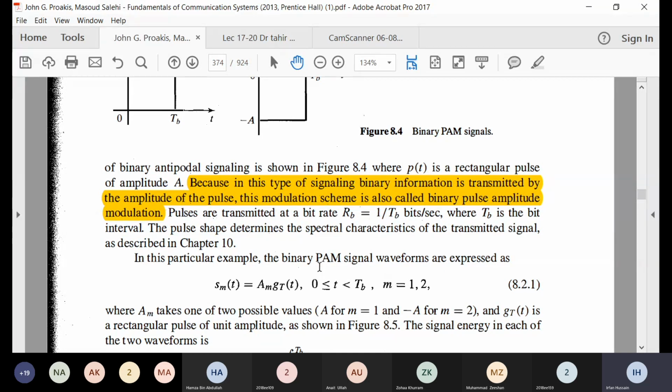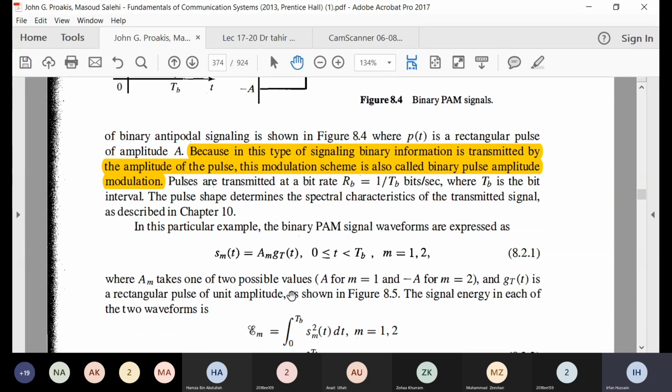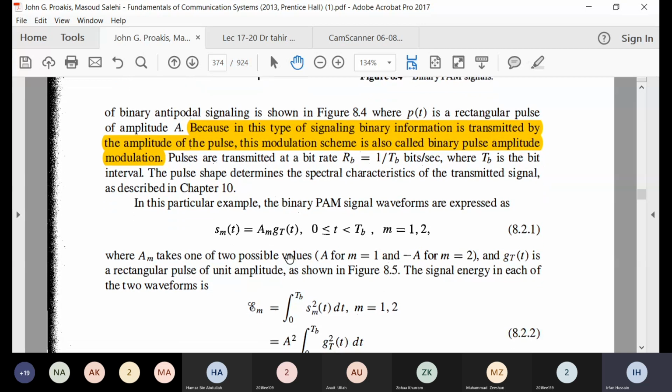You can also call them binary PAM. So it can be represented as s_m(t) = a_m g(t), and a_m can take two values, A and minus A, and g is the rectangular pulse with unit amplitude as shown in figure 8.5.